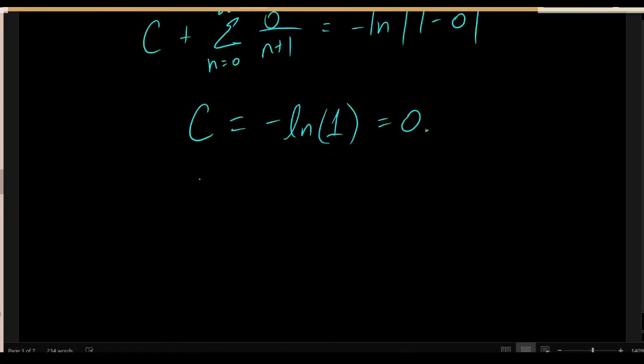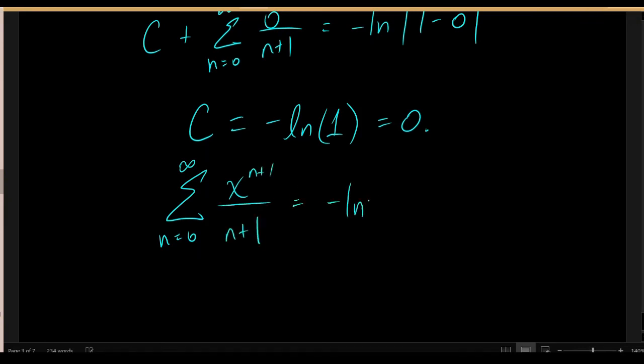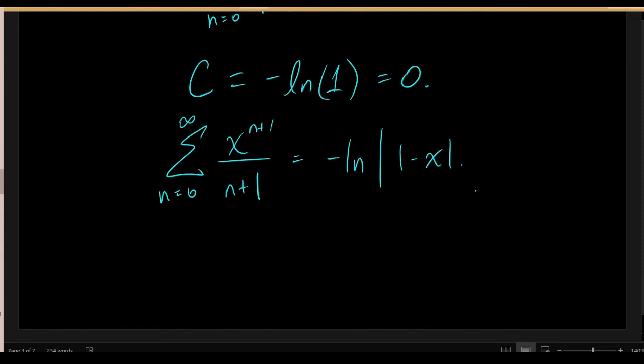So what we have found is that the sum, as n goes from 0 to infinity, of x to the n plus 1 divided by n plus 1 is equal to the negative natural log of the absolute value of 1 minus x. But let's find out a couple of terms of this series on the left side, and let's see if we can rewrite it in a way so that it more closely resembles the series that we're given in our problem.